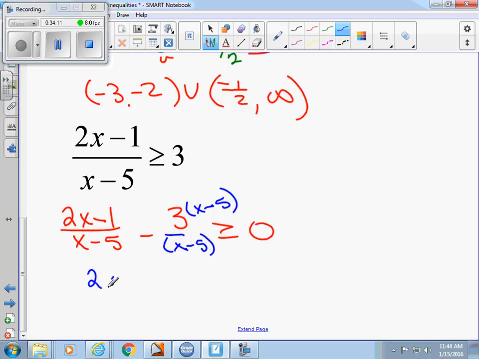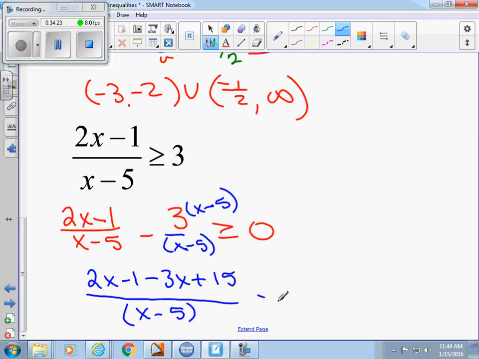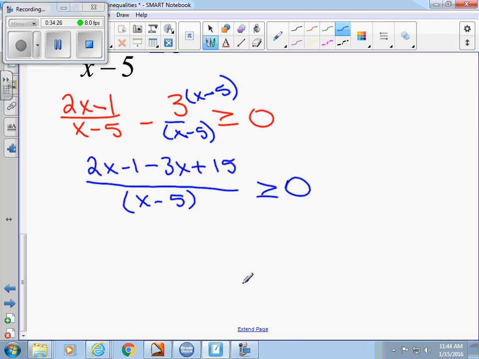So I get 2x minus 1 minus 3x plus 15. Why plus 15? Good. Distribute that negative. So I get negative x plus 14 on top. Yep. X minus 5 on the bottom.